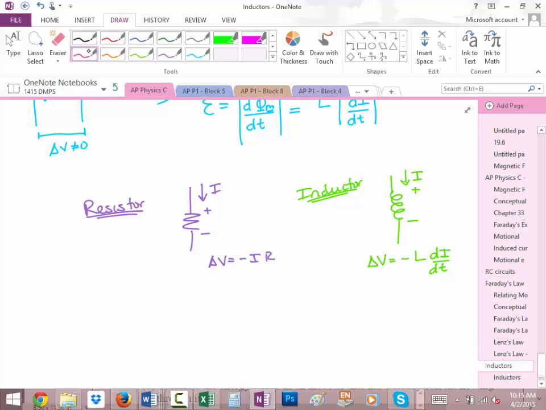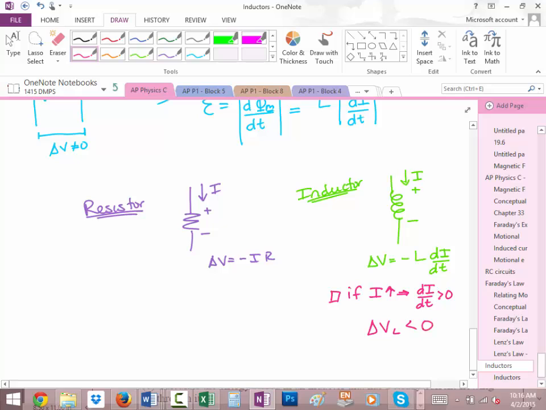So let me take it that next step that I think you're kind of getting at, Jack. If the current increases, that is to say that di dt is greater than 0, the potential difference across the inductor is less than 0. As you were implying, it has the same effect as a resistor in terms of the potential difference.